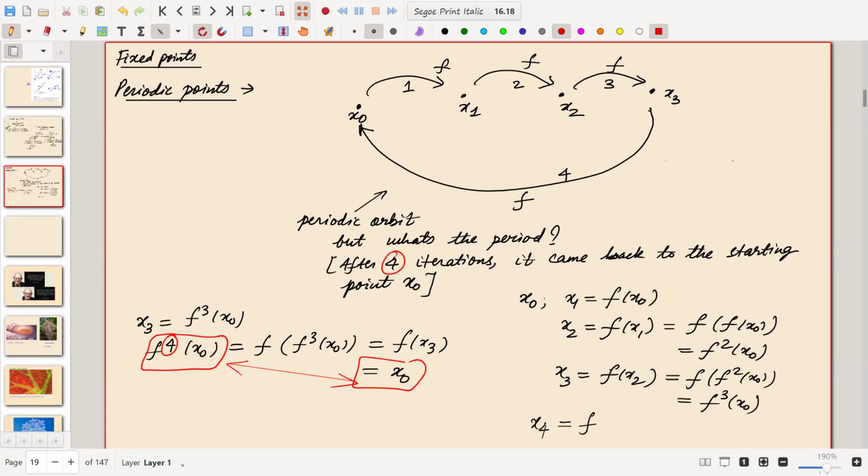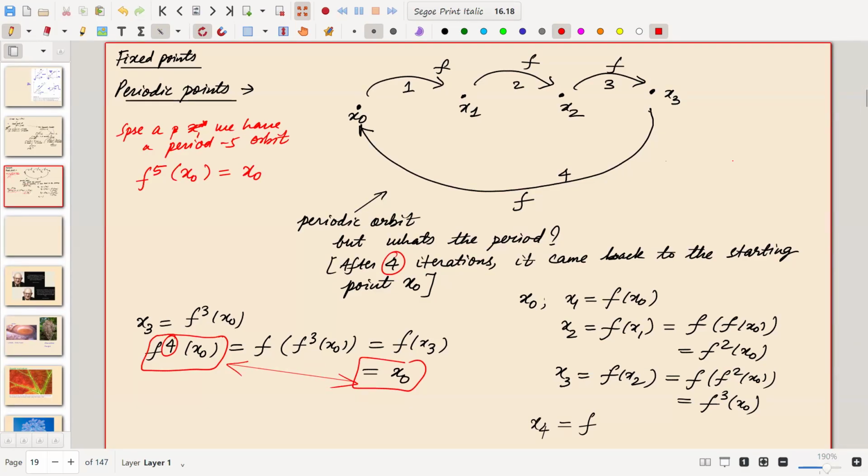So what intuition did you get from this? Suppose we have a period 5 orbit, then what is the condition? f to the 5 of x naught is equal to x naught.